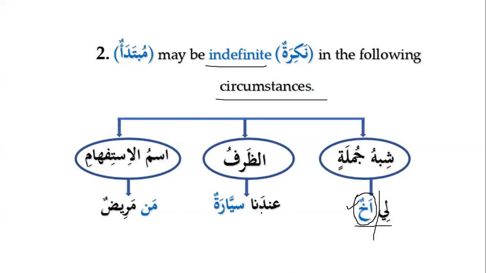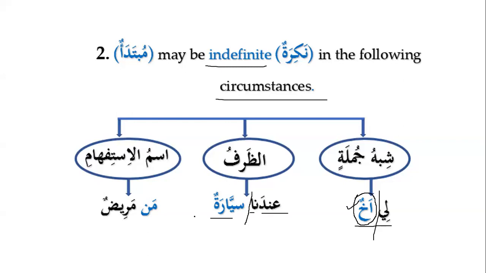Similarly, we see inda. We know that inda is a dharf, and na is basically a pronoun, and the combination of dharf and pronoun, indana, we call this dharf plus mudaf alayh. So indana also cannot be mubtada, it will always be khabar, and siyaratun will be mubtada.